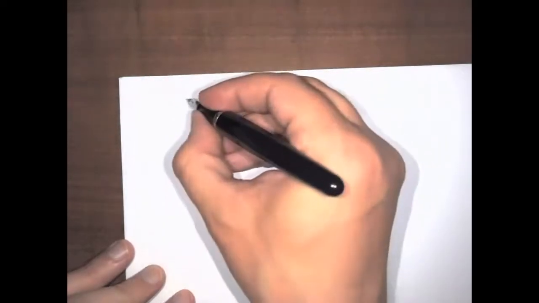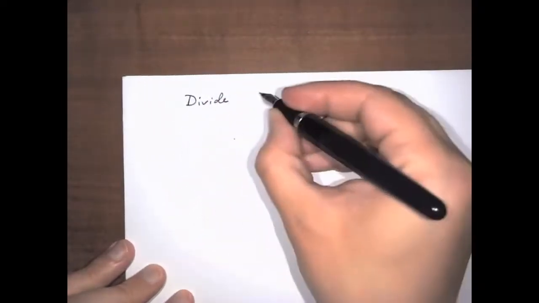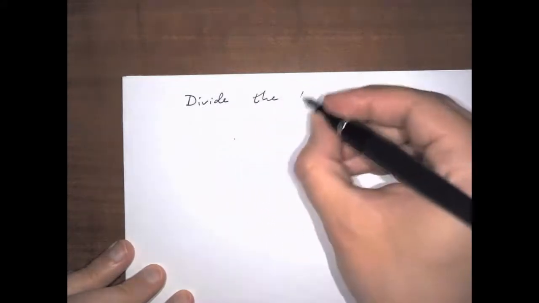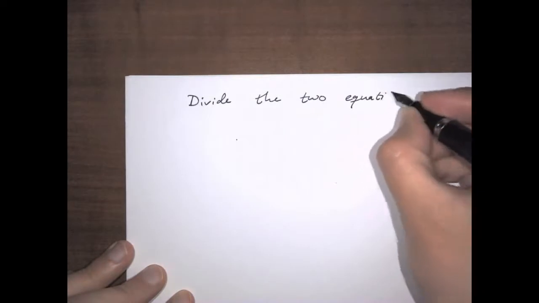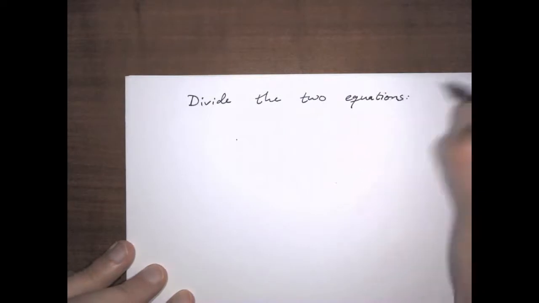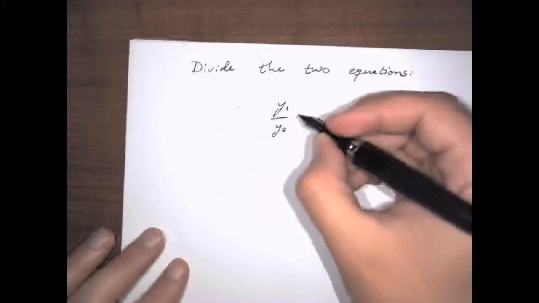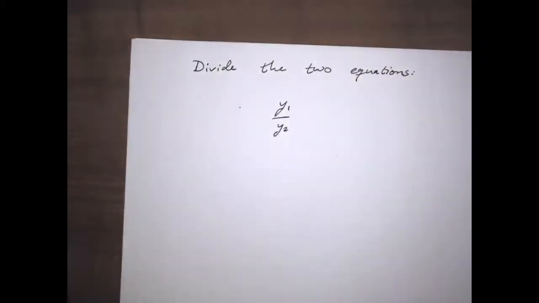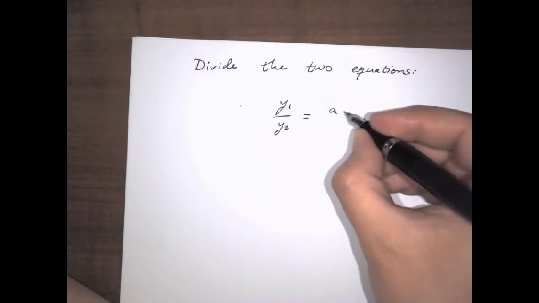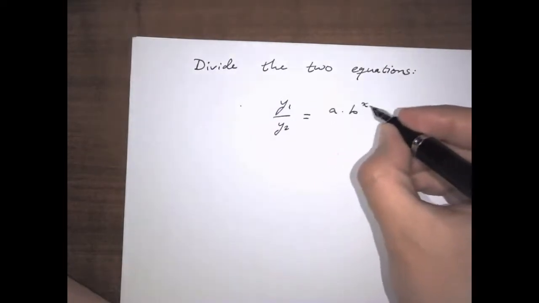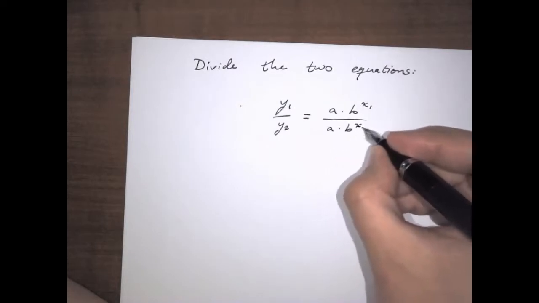So then, divide the two equations and we'll have y1 divided by y2 is equal to a times b to the x1 over a times b to the x2.